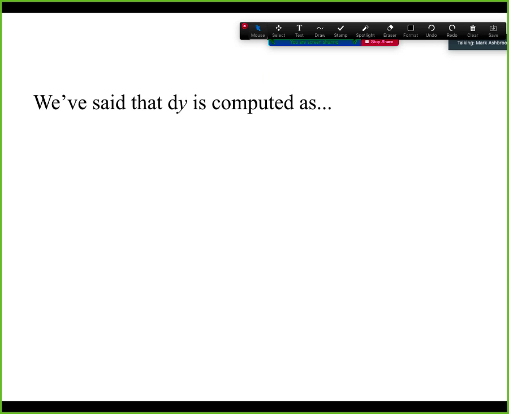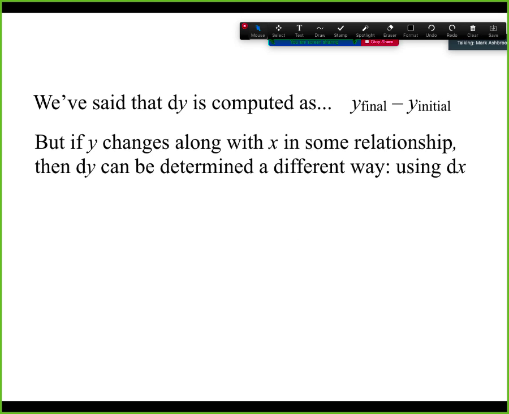Okay, so we said dy is computed by y final minus y initial, but if y changes along with x in some relationship, dy can be determined a different way using dx. Do you remember what that is?